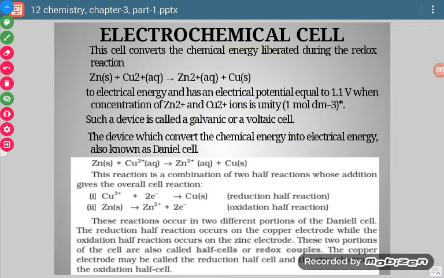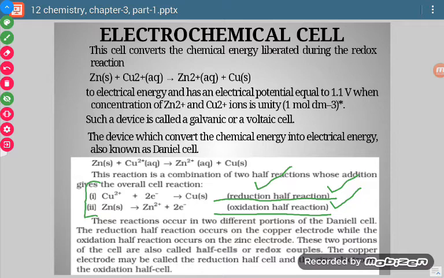In this, as we said, two processes occur in different beakers. Those containers where a particular reaction occurs are called half cells, where there occurs a reduction half reaction or an oxidation half reaction. So two half cells combine to form an electrochemical cell.